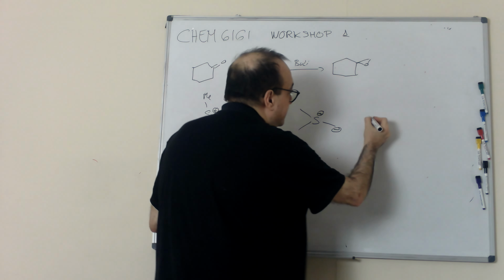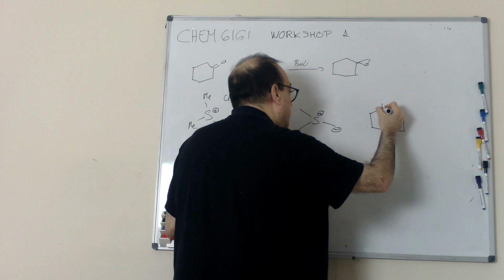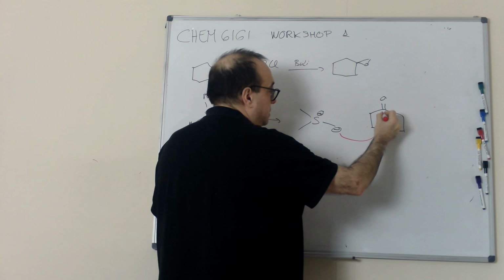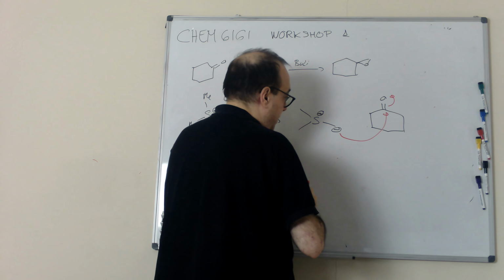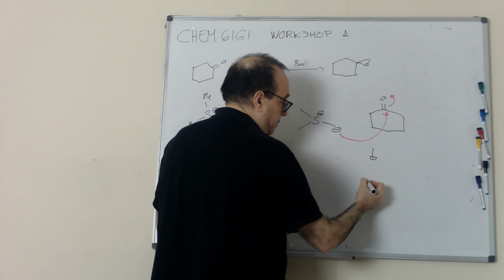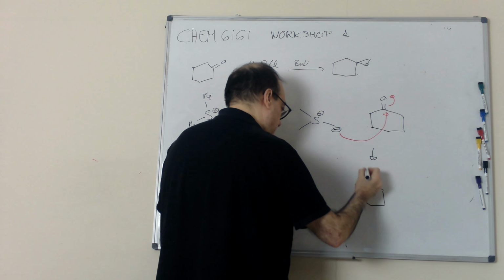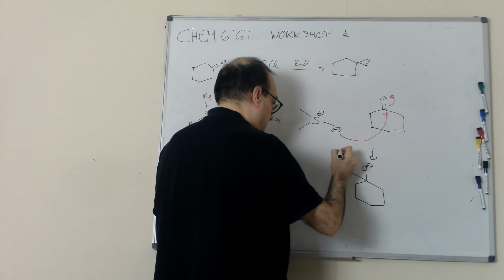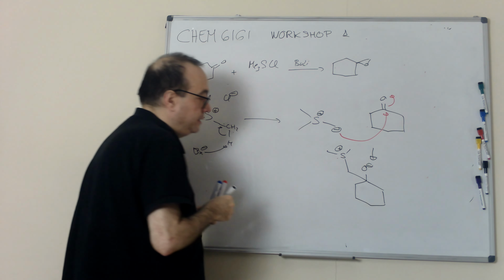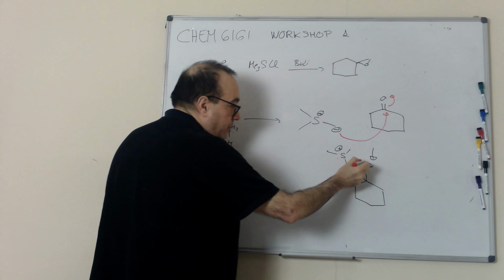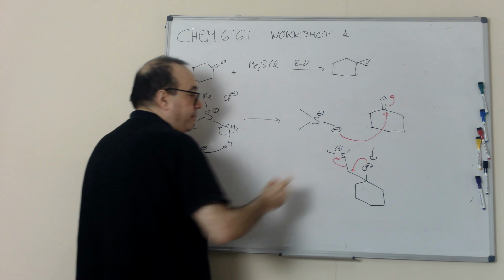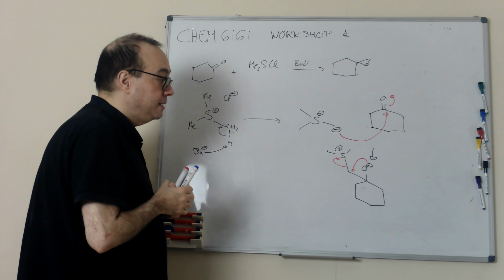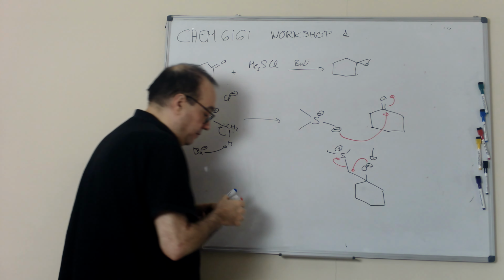And this basically attacks the carbonyl group, the ketone, and we generate this intermediate. Okay, and then this intermediate undergoes a simple intramolecular reaction. This is a very good leaving group because it's dimethyl sulfur, and what we get is the final compound.